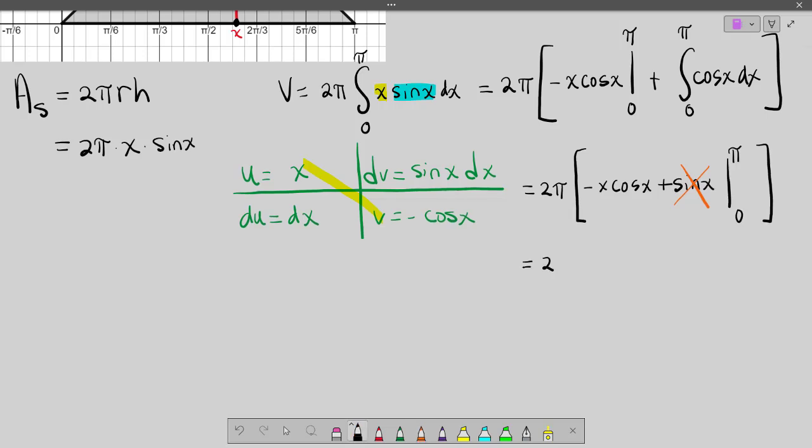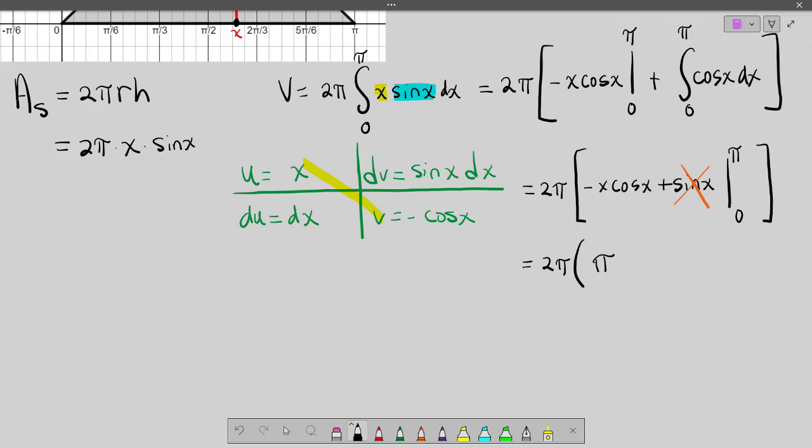So we have our 2 pi out in front. Plugging in, how about cosine of pi? -1. Cosine of pi, we're over on the left side of the unit circle. Cosine is the x-coordinate, so that's -1. So we're going to have negative pi. So pi is going in right there for the x. Negative pi times -1, positive pi.